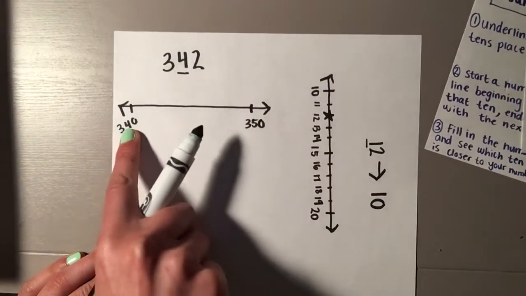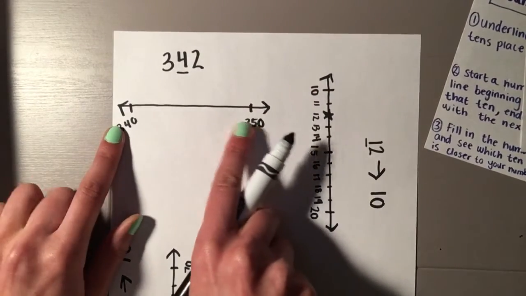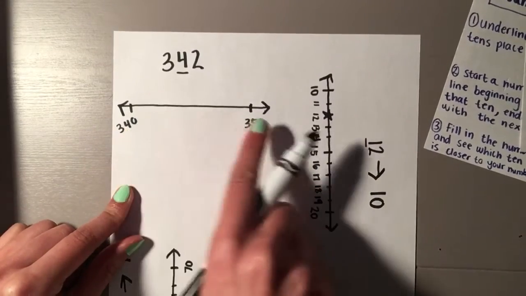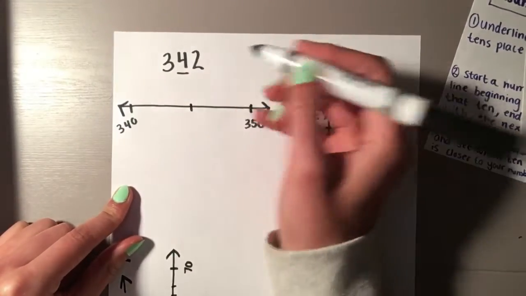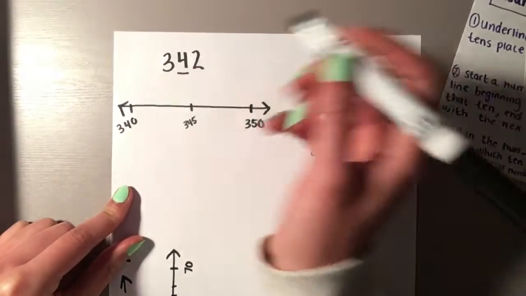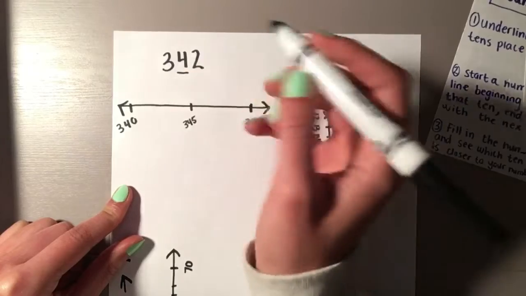Okay, the middle between 40 and 50, honestly, it's like we're not even working with hundreds anymore. We're still looking at these tens. Halfway between these two would be 45, only it's 345. And then I would just plug in my numbers.